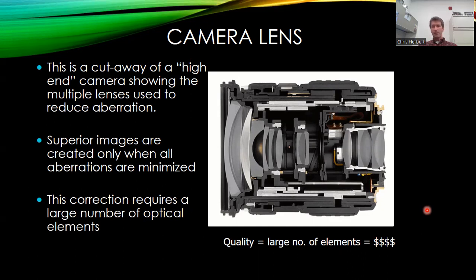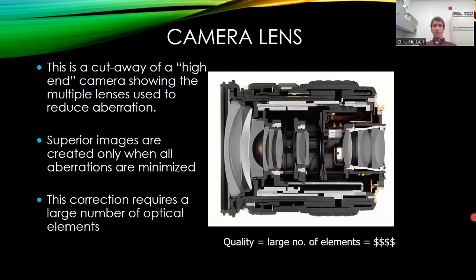And in this camera lens, I may be wrong, it might be slightly telephoto too, we need, how many lenses do we have? 1, 2, 3, 4, 5, 6, 7, 8, 9, 10, 11, 12, 13, 14, 15, 16. 16 different lenses. They all have to be ground to the exact shape, polished. And they also have to be coated. We'll talk about anti-reflection coatings later on.